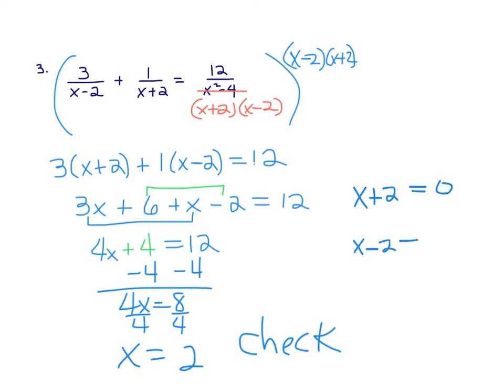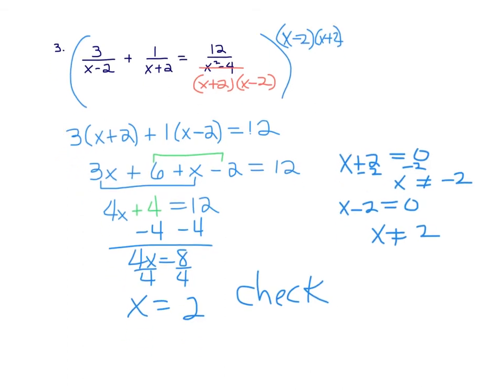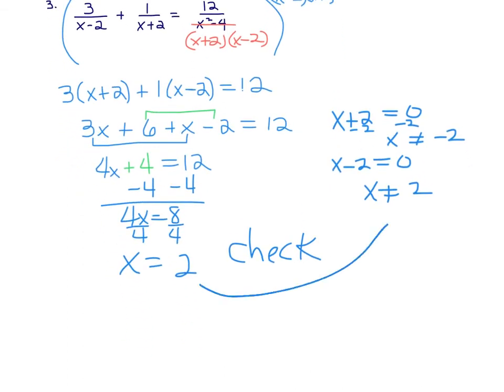Set them both equal to 0. So for this one, I can see when I subtract 2, x can't be negative 2. And on this one, x can't be 2. But look what I got as my answer. I got a 2. So since it can't be a 2, my answer is no solution.